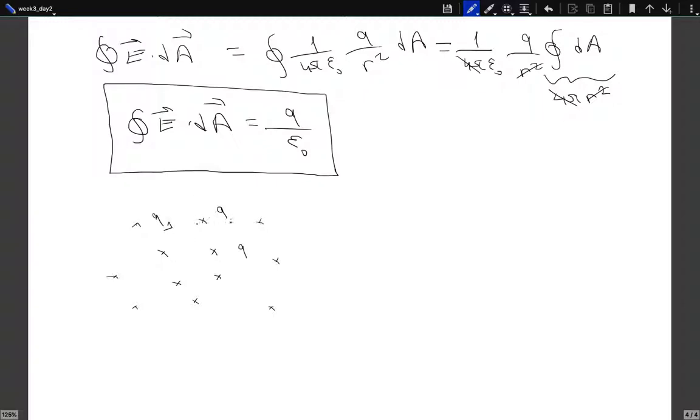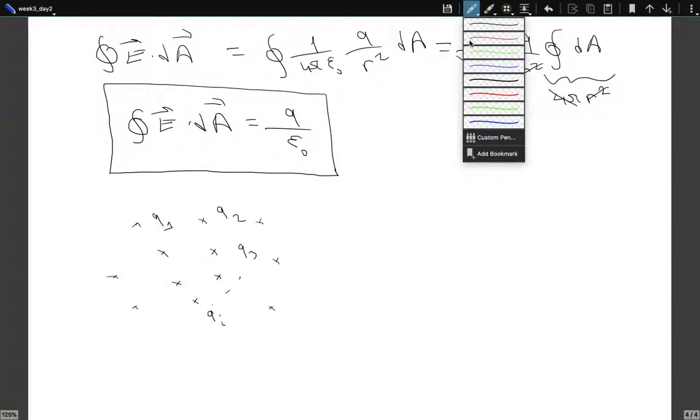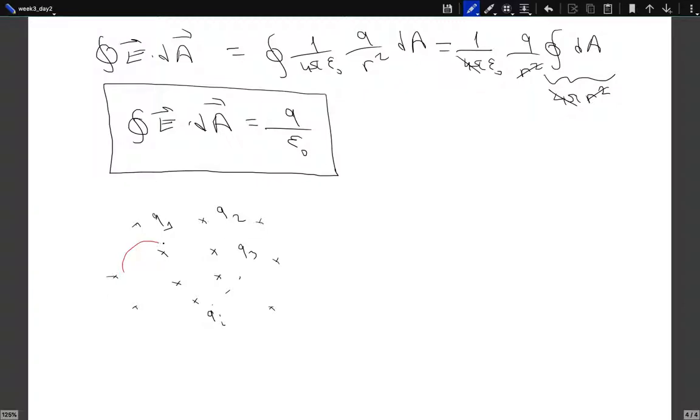This is Q1, Q2, Q3, up to Qi. Let's just imagine an arbitrary surface this time, as complicated as you like.